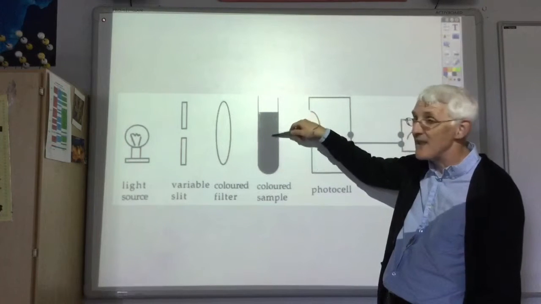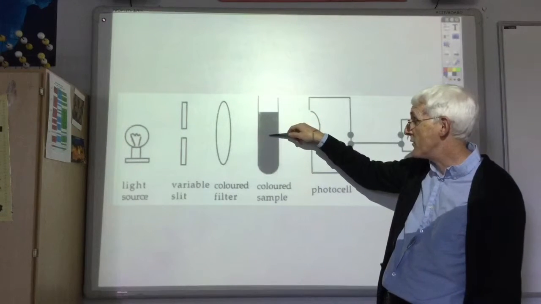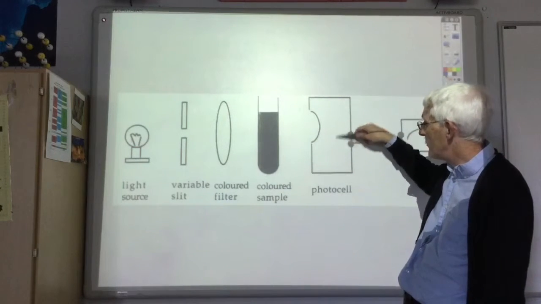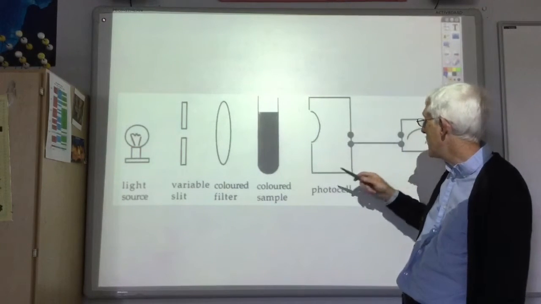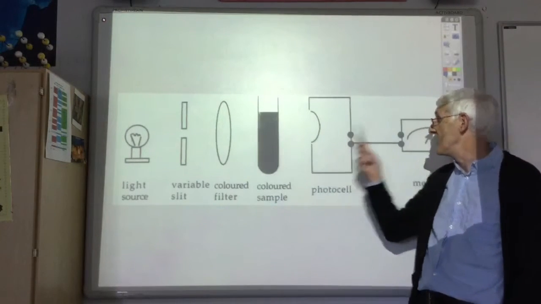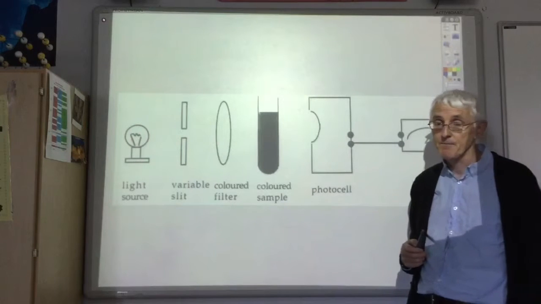The more permanganate in there, the more of that light will be absorbed. All the light won't be absorbed, so some of it will be detected at the photocell, which can then measure the absorbance. And the higher the concentration, the higher the absorbance will be.